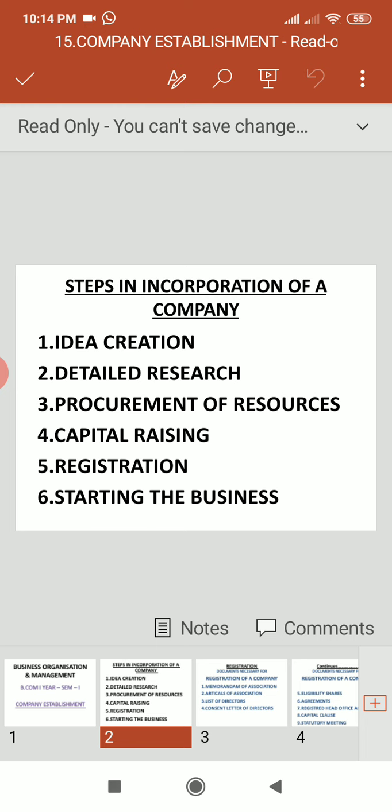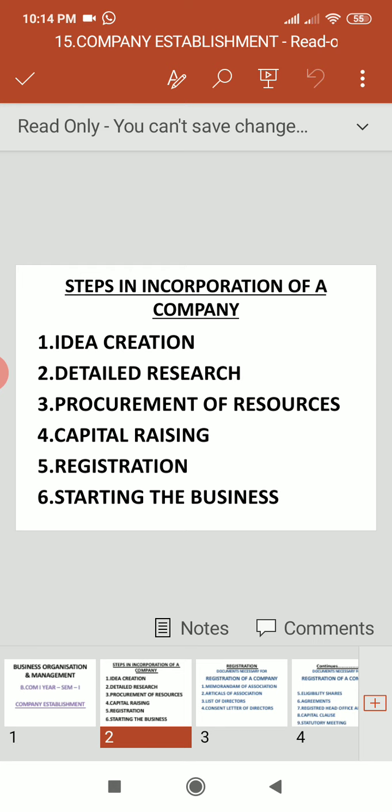First one is idea formation. One has to make an idea of incorporating a company. What type of company one has to incorporate? Usually, a person thinks about his experiences only. Based on his experience, a person thinks that this type of business is workable, this type of business can be established.